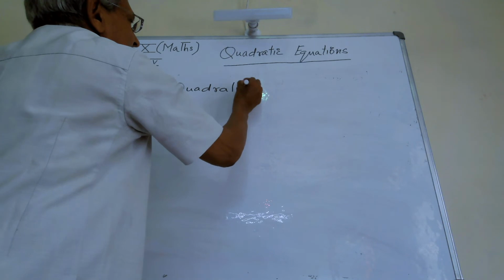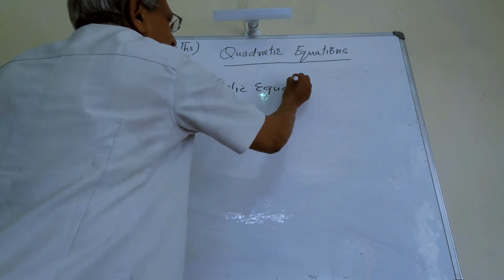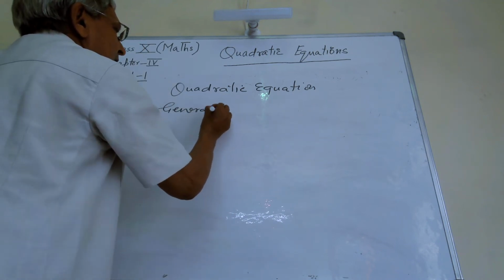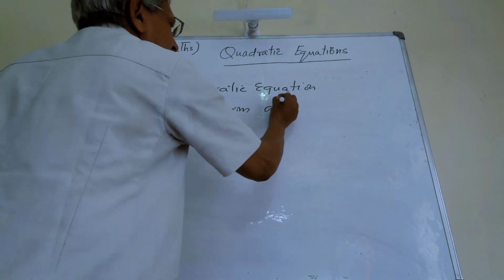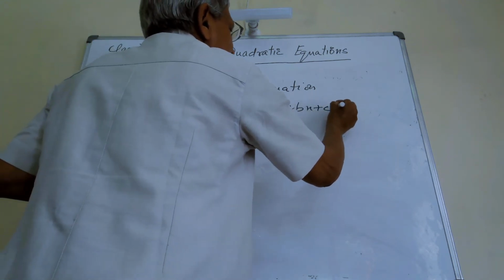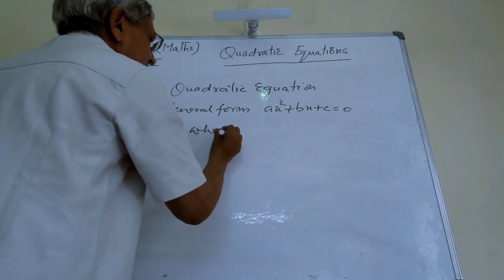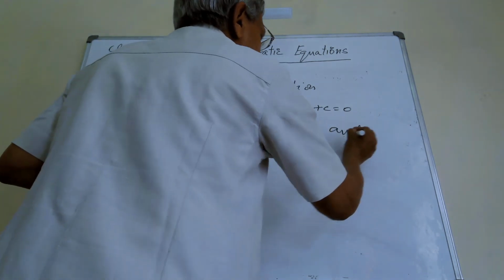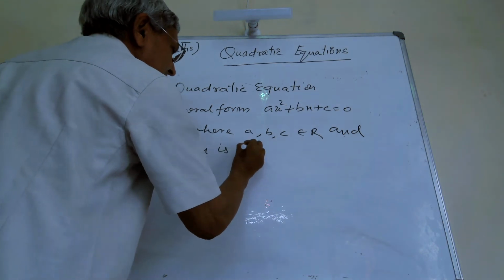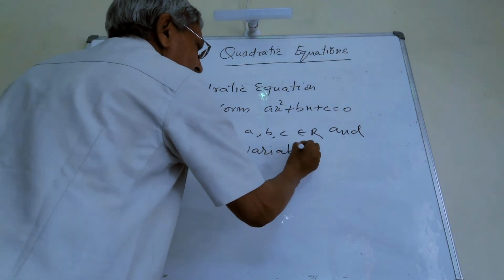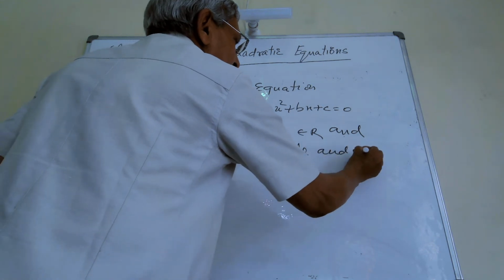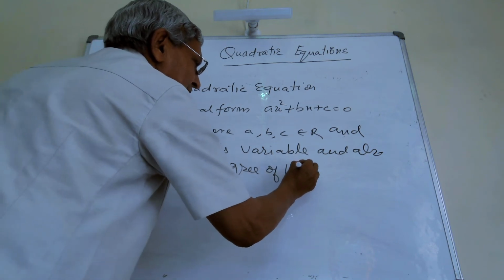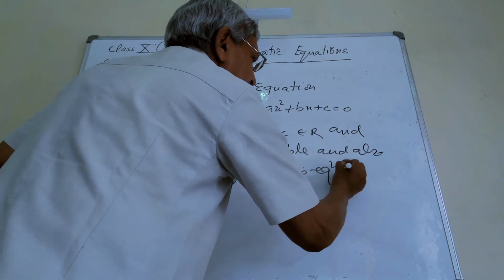Quadratic equation, general form: ax² + bx + c = 0, where a, b, c belong to R and x is a variable, and also the degree of this equation is 2.